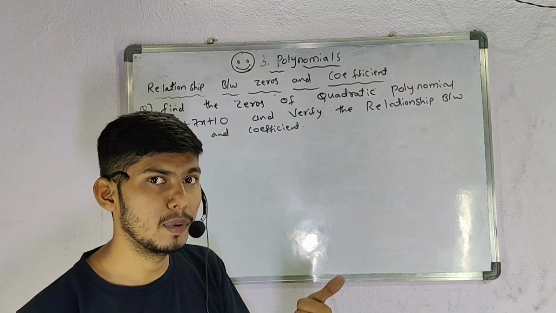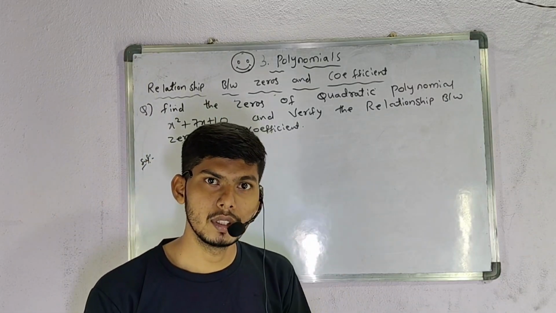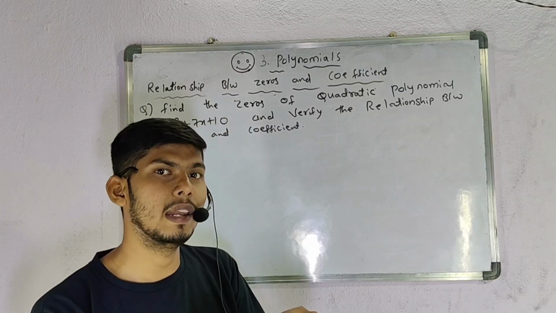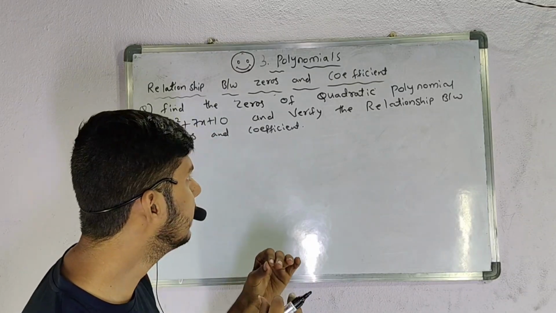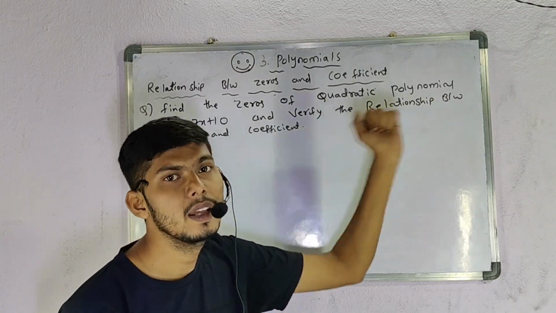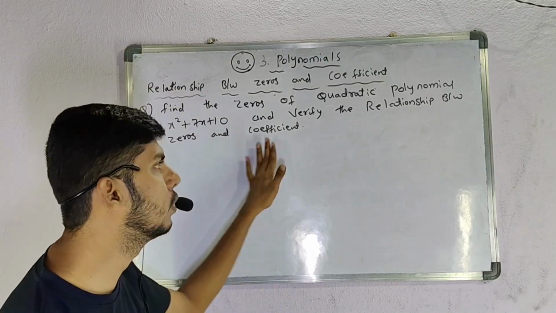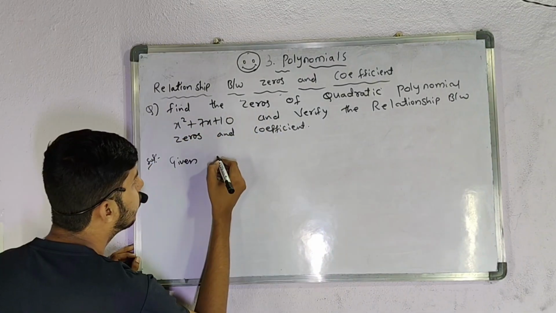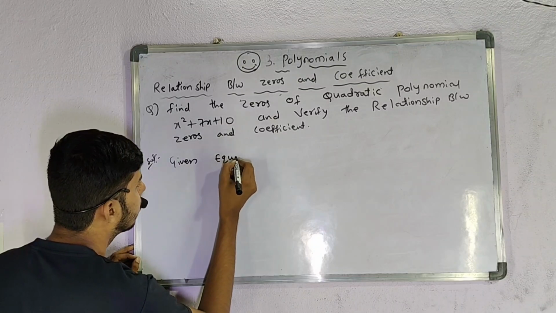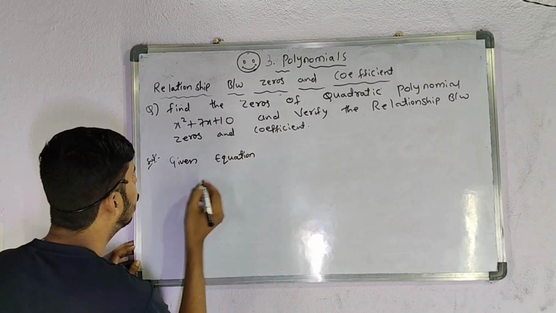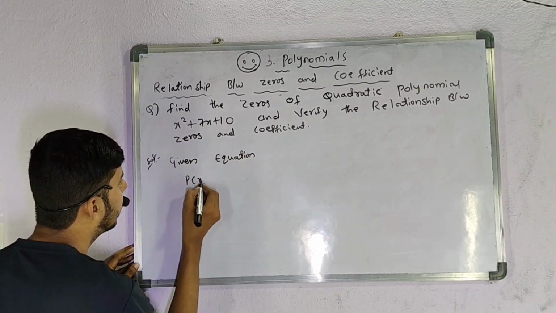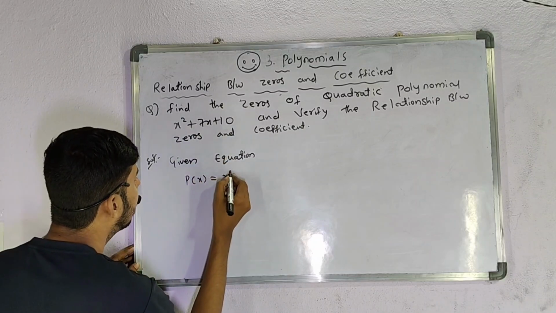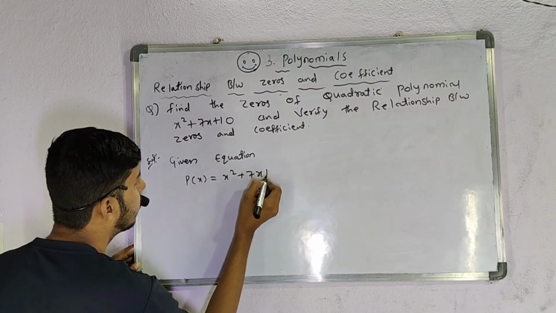If we find these two values, we can easily say that we have verified the relationship between zeros and coefficient. First we write the given equation: p of x equals x square plus 7x plus 10.